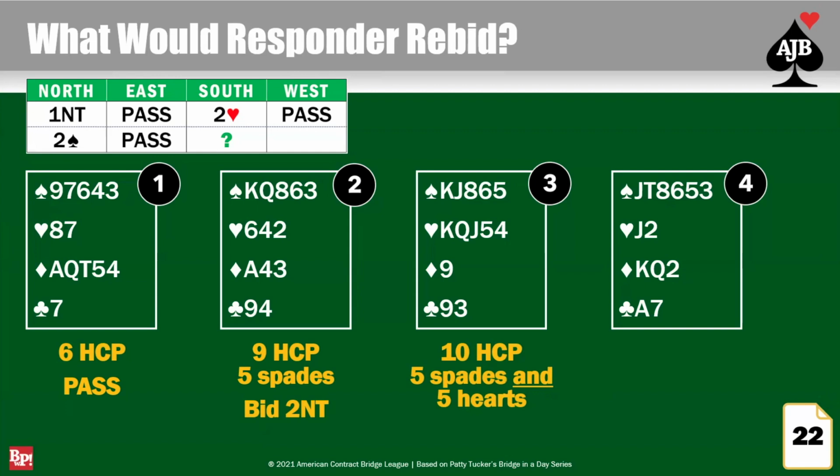We want to play a game somewhere. So our next bid will be 3 hearts. Partner, I had spades and hearts. You choose which one you like best. Number 4, well, I have 11 points. I have enough for game. I have 6 spades. They're not very pretty, but I know we have a fit. So my next bid will be 4 spades.